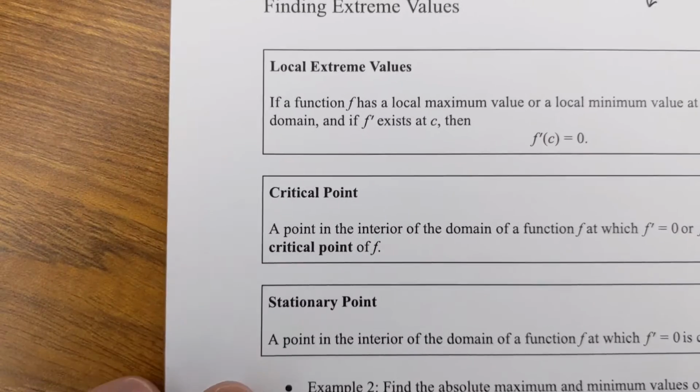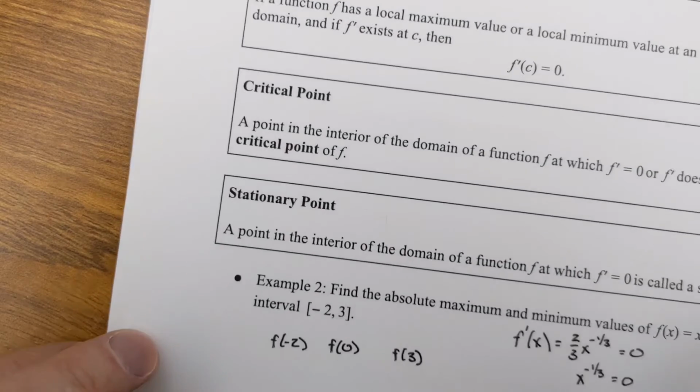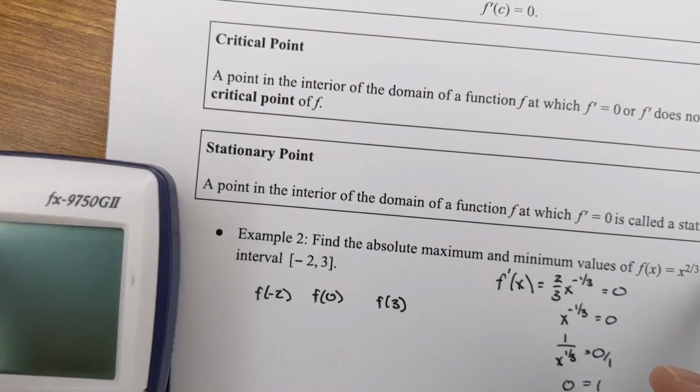So what happens is I have 3 numbers to check. I need to figure out what f of -2 is, f of 0, and f of 3, and see what my graph looks like there.